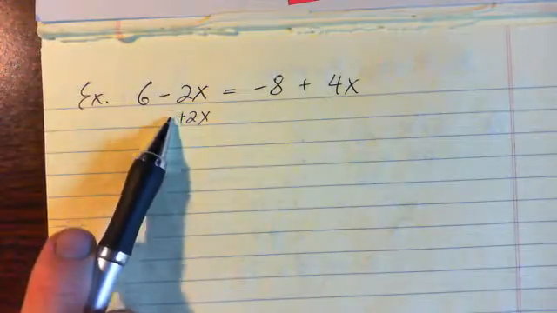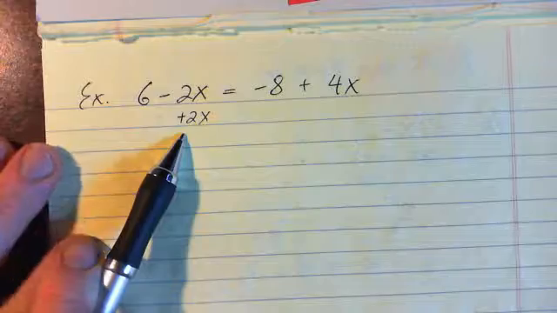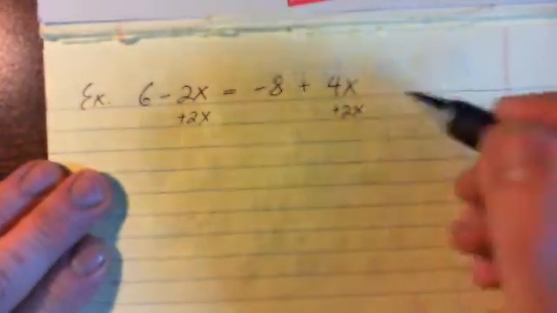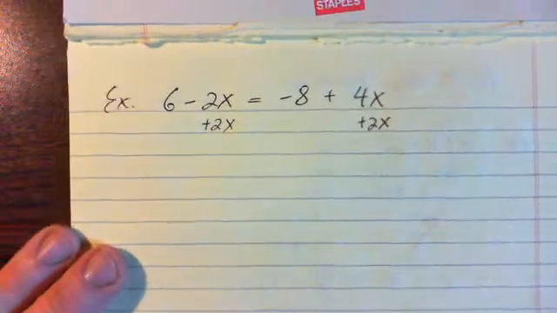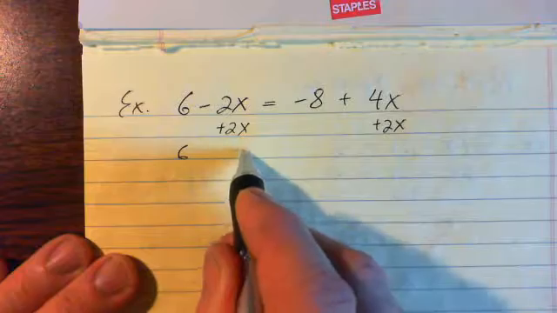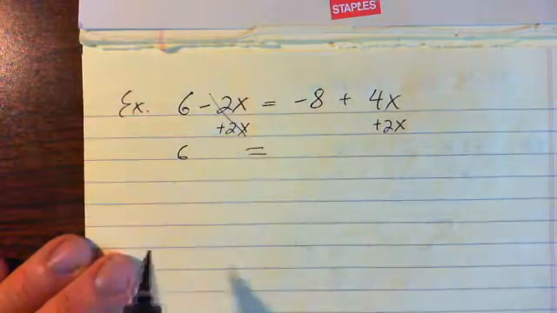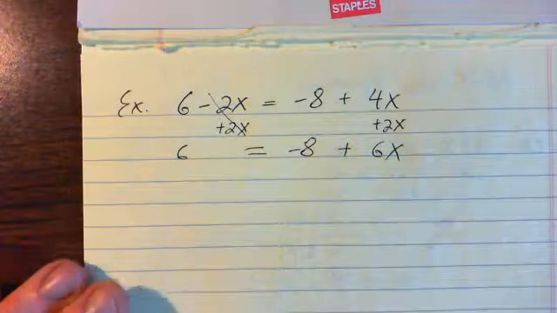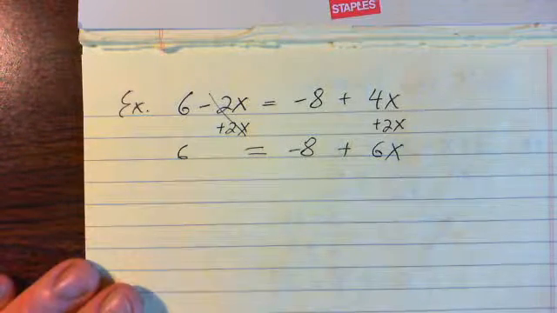If you add 2x to it, the negative 2x and the positive 2x will add up to 0 and get rid of it. So I'm going to do the same thing on this side. I'm going to add 2x. So that gives me 6 equals, because this disappears, negative 8 plus 6x.